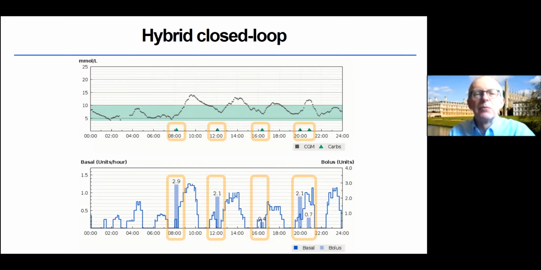For that reason, people are expected to give boluses. Because we're combining automated insulin delivery and also manual insulin delivery, these systems are called hybrid closed loop systems. All the commercial systems which are currently available use this hybrid closed loop approach. It doesn't necessarily mean that people will always bolus, so the system needs to be able to cope, but generally if people bolus, they get better results.